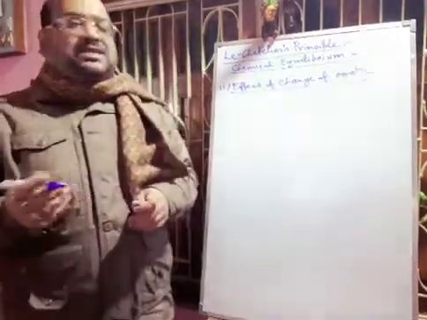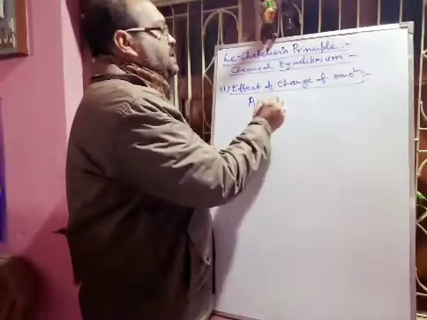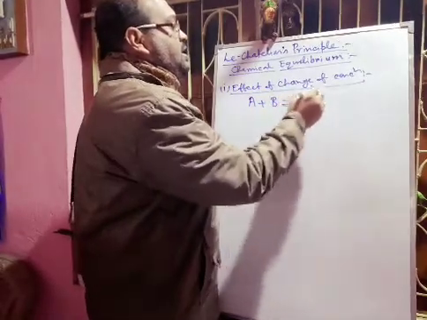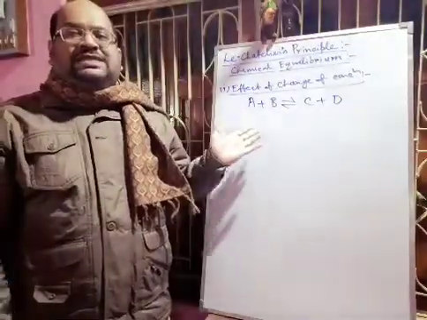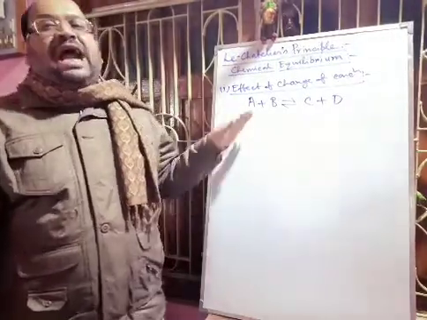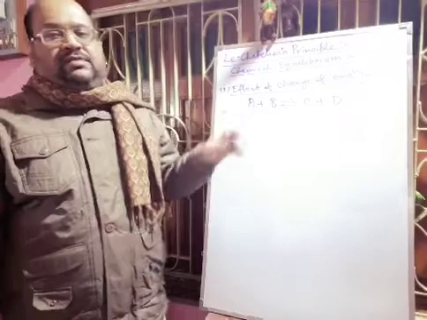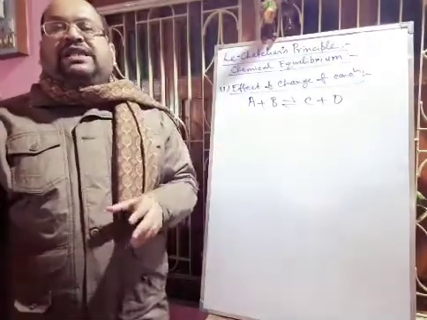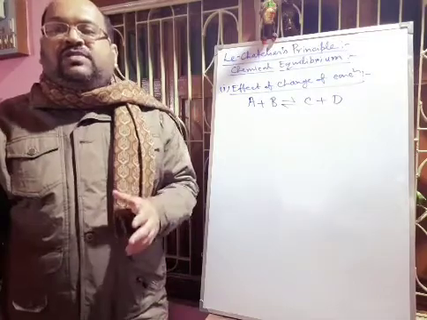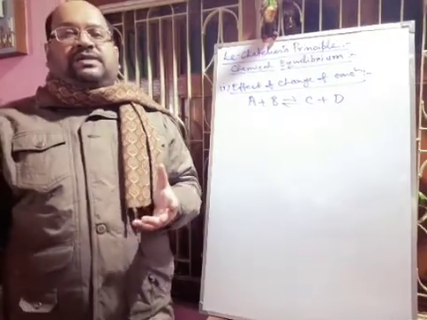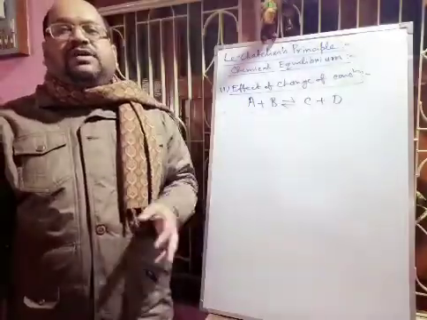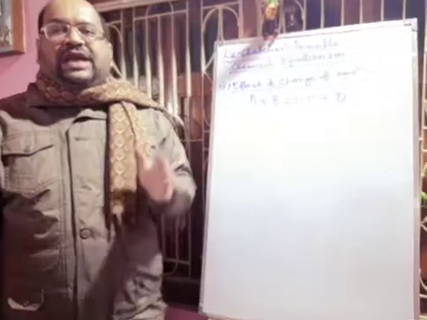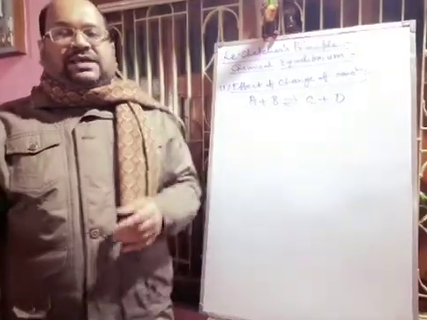Okay. First let us consider one reaction. A plus B, a reversible reaction, in equilibrium, forming C plus D. If we add A or B, or A and B both from outside, then according to Le Chatelier's principle, the effect will be to decrease the concentration of A and B, and this is possible only if more A and B react to form C and D. So the equilibrium shifts in the forward direction.